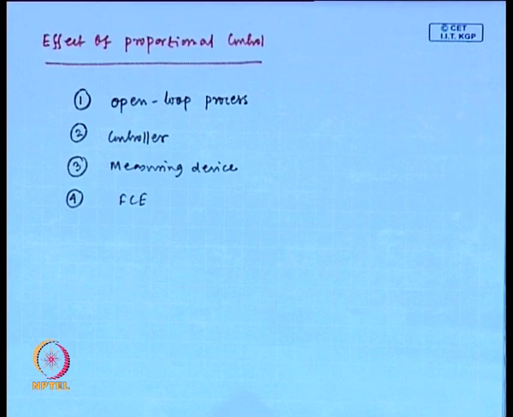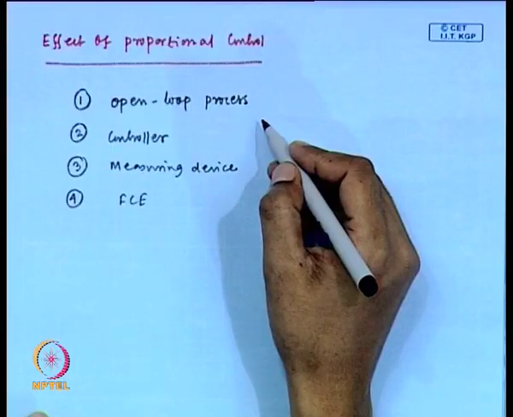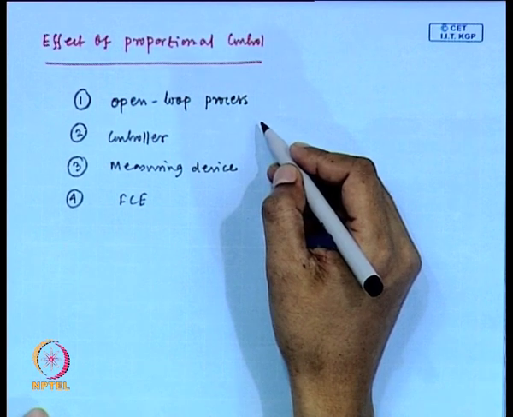So, for observing the effect of proportional controller, we need to consider a process, that is open loop process. Now, to close the loop, we need to include the controller, the measuring device and final control element. So, what open loop process we will consider?